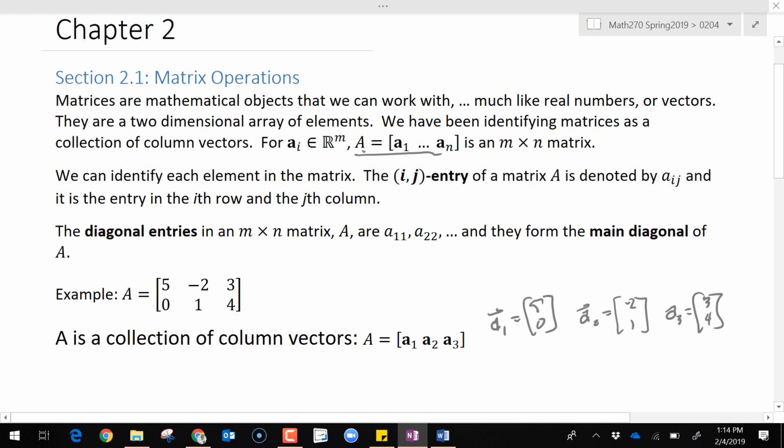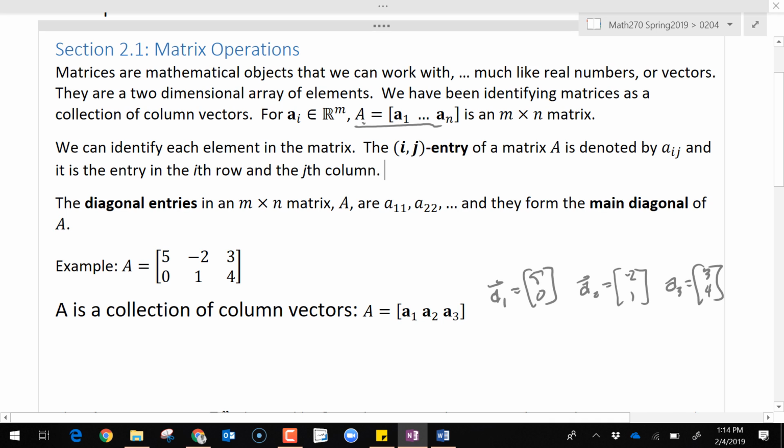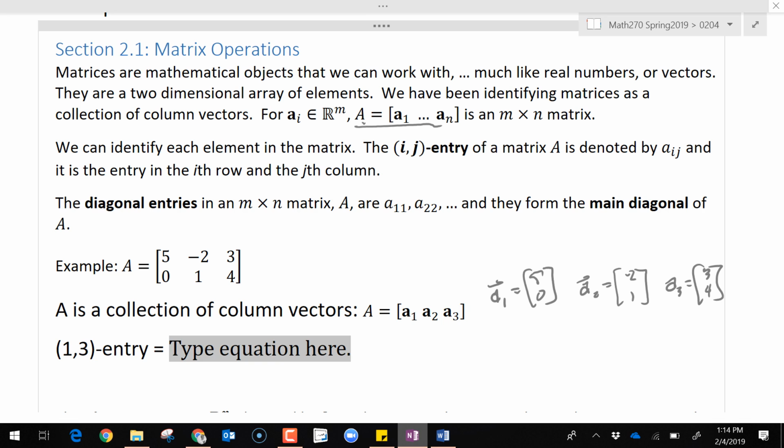Okay. Sometimes we might be interested in pulling out some entries, like the ijth entry. So we can say the 1, 3 entry is equal to what in this case? We would probably call it A sub 1, 3.